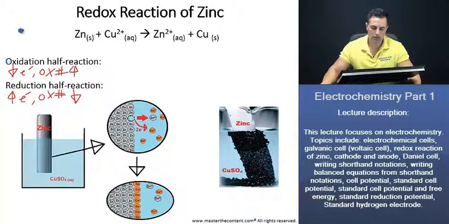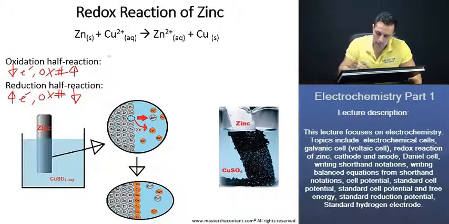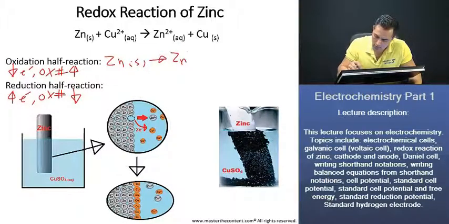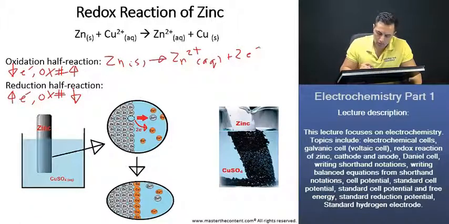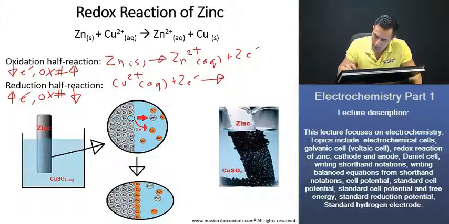We'll begin with the oxidation half-reaction, which is zinc giving us our zinc ion plus 2 electrons. Now, the reduction half-reaction is our copper ion plus our 2 electrons, giving us copper solid.